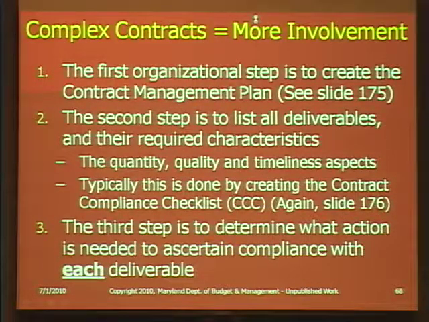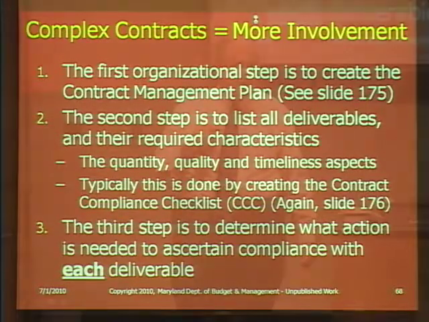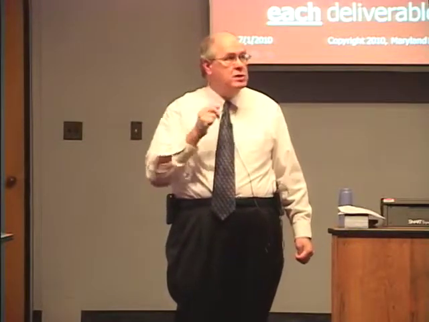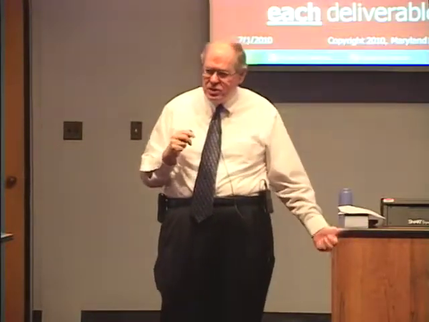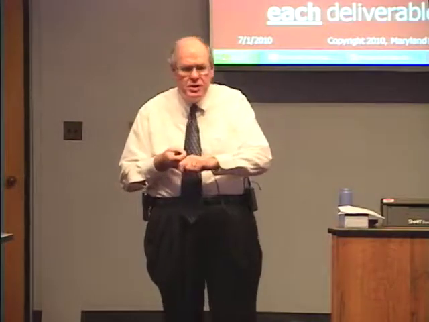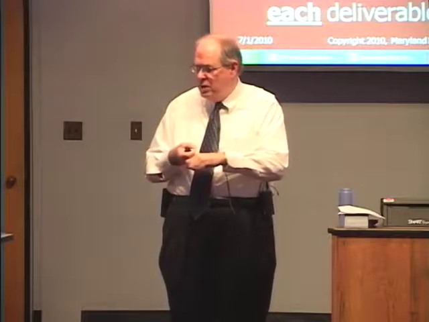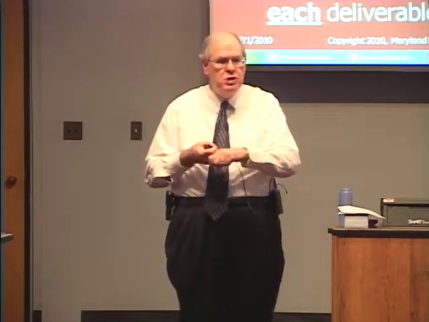The second step, after you have the plan, is to list the deliverables, each and every deliverable, and their characteristics, again going to quantity, quality, and timeliness. You do this by typically creating the contract compliance checklist. This is something that was mentioned before, and when we get to slide 176, as Mark has already said, the emphasis here is that you create this in advance, at the planning stage, before you even do a procurement.